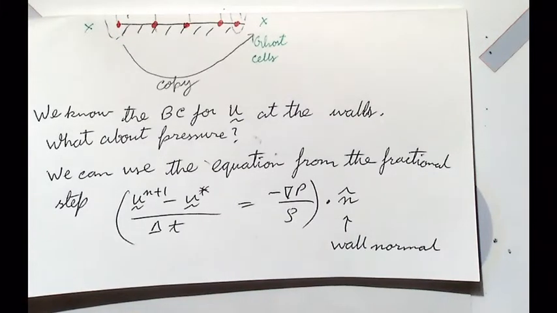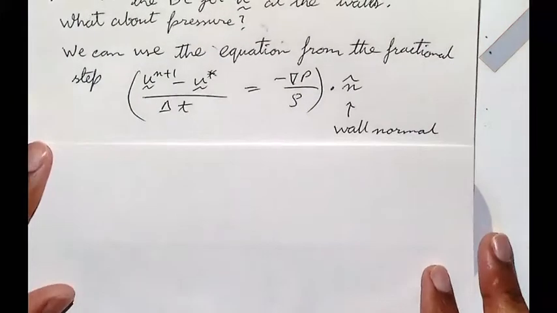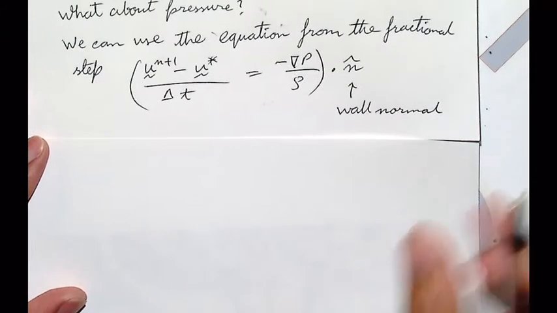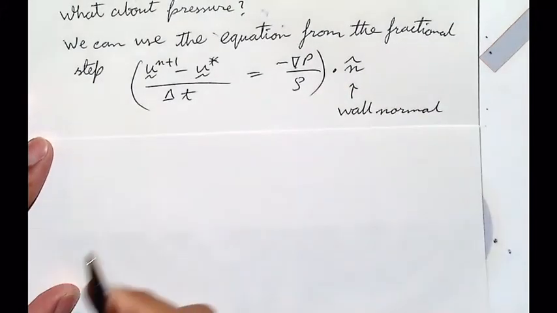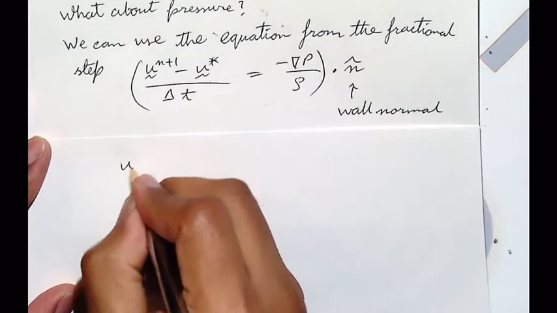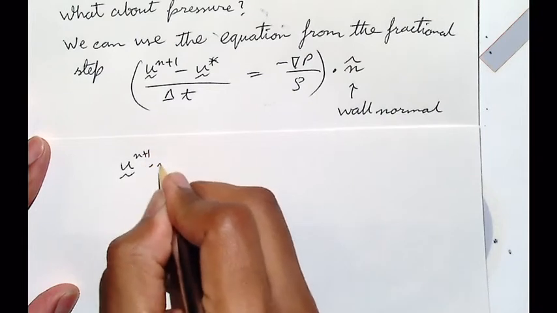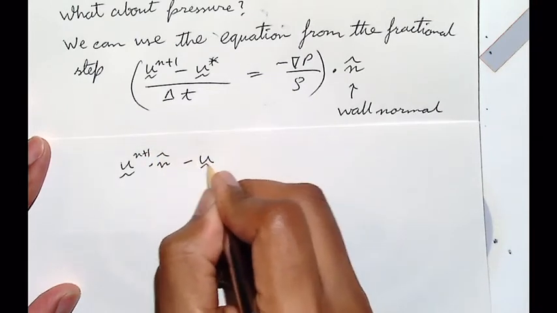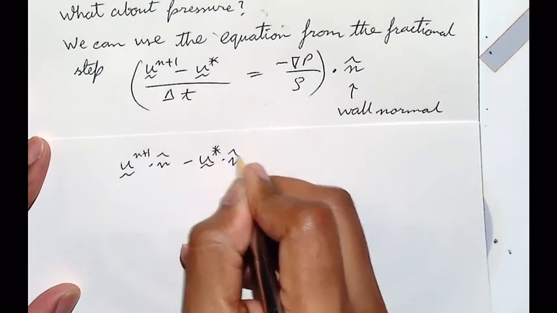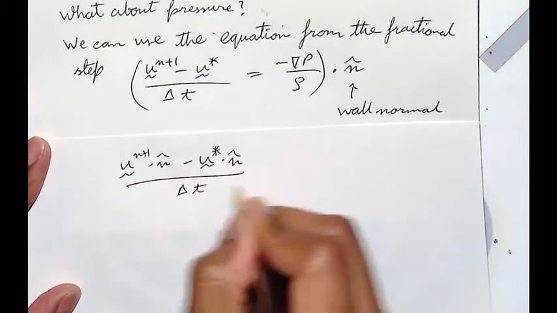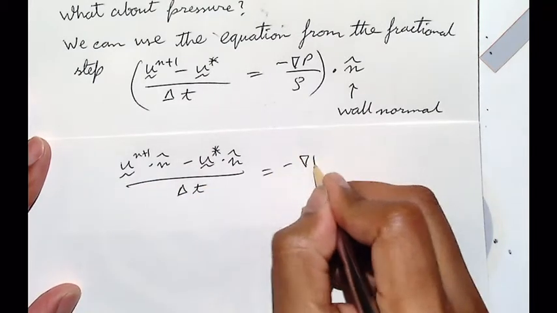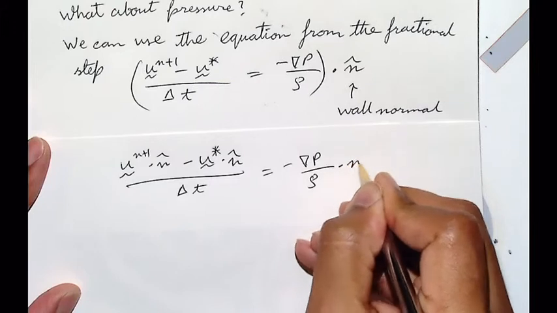All right, so what do we do next? We just take the dot product and the left side becomes u^(n+1) dot n minus u star dot n over delta t, equals minus grad p over rho dot n.